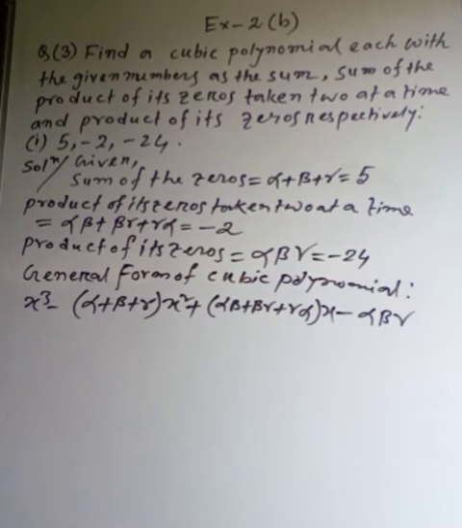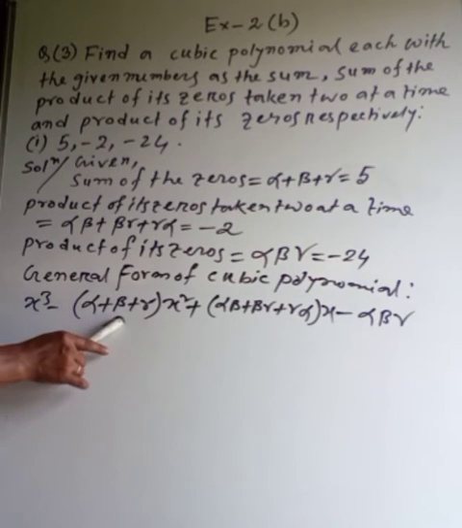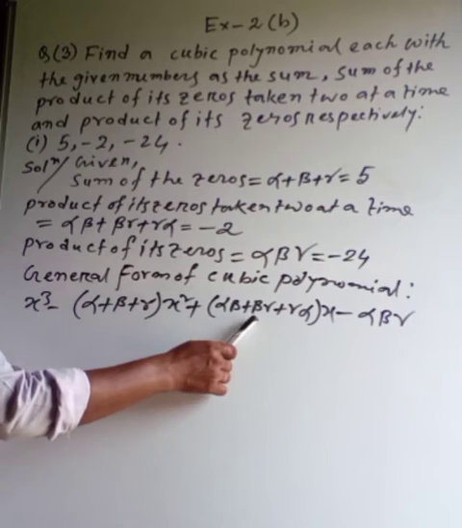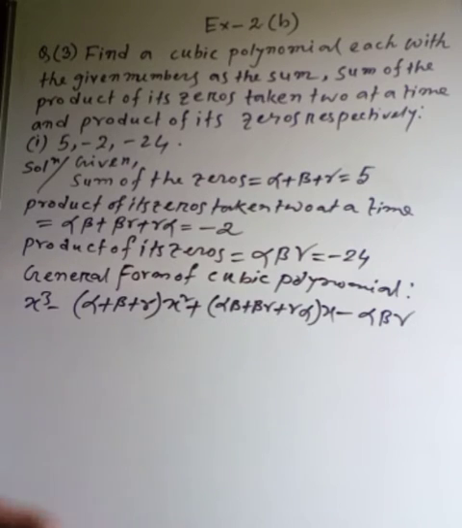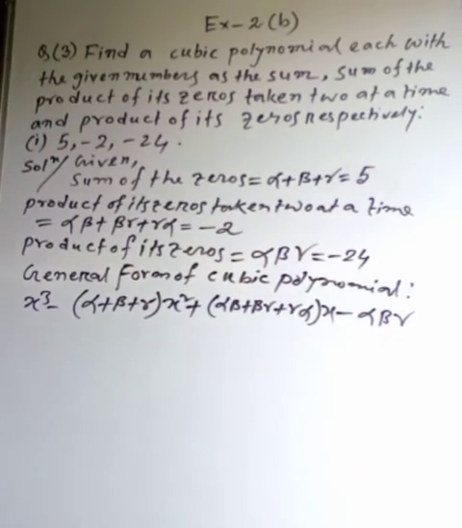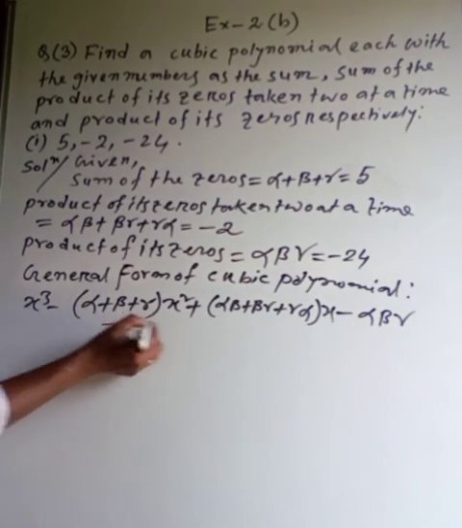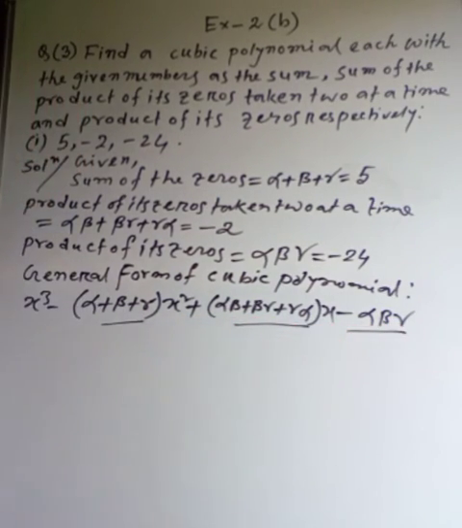If they have given the sum of the zeros, then the product of the zeros taken 2 at a time, and only the product of the zeros, if they have given these 3 parts, first part is the sum of the zeros, second part is the product of zeros taken 2 at a time, and last part is the product of its zeros only, now we can put the values.